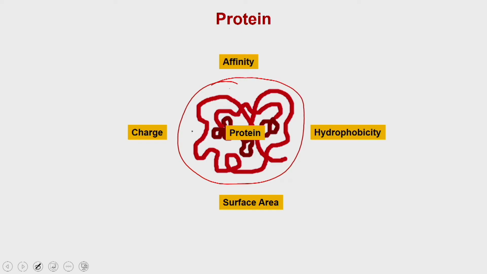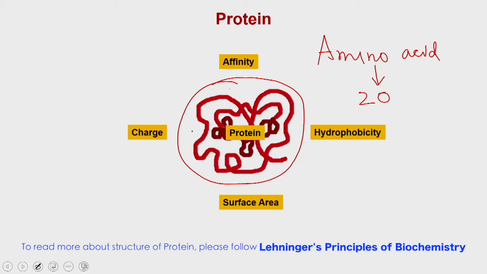Protein is made up of amino acids, and there are 20 different types of amino acids present in the protein, and these 20 different types of amino acids are diversified in nature. Some are polar amino acids, some are non-polar amino acids, some are hydrophobic amino acids, some are basic amino acids, and some are acidic amino acids.